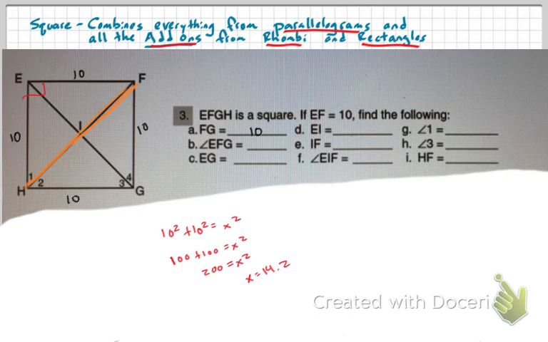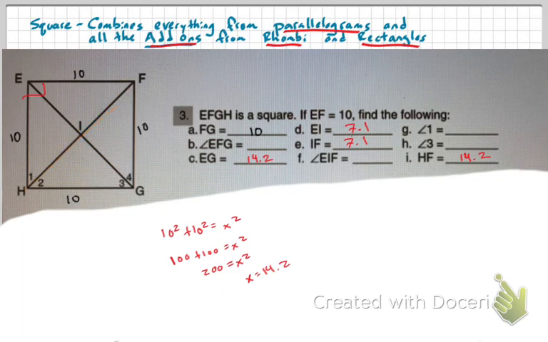So that means that HF is 14.2 and EG is also 14.2. Then if I wanted to find the length of half of one of those, like EI and IF, that would be just half of those lengths.